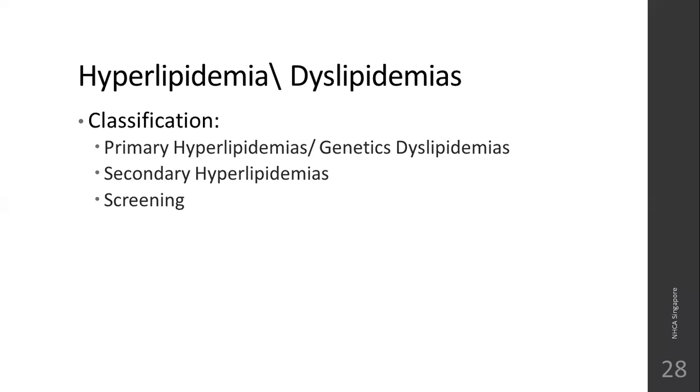Under that, you have primary hyperlipidemia, as mentioned earlier, based on your genetics. If your family member is suffering from that, usually the next generation will also suffer from the same dyslipidemia. It's a genetic defect. Secondary hyperlipidemia is based on your lifestyle.